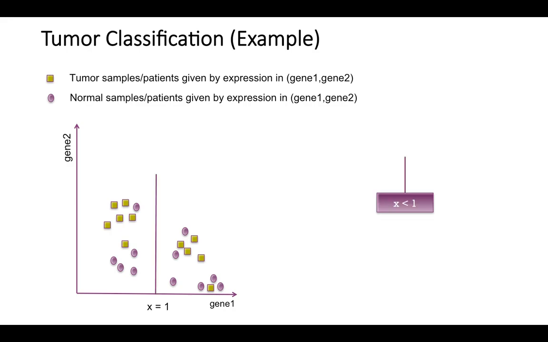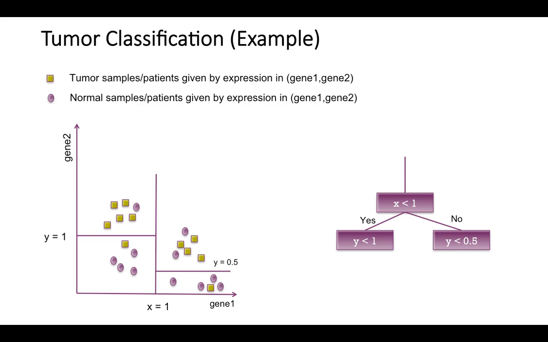Now what you can do is split the data at x equals 1. If x is less than 1, you can further divide the data as y less than 1 or greater than 1. And if x is greater than 1, then you can divide along the y-axis.